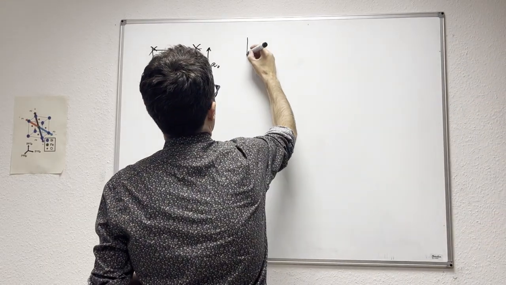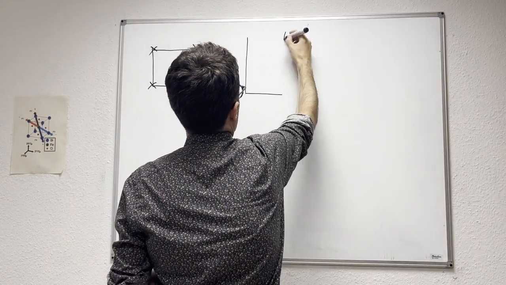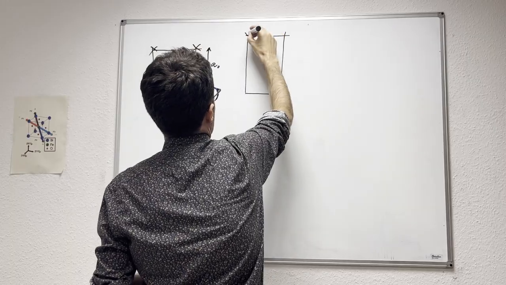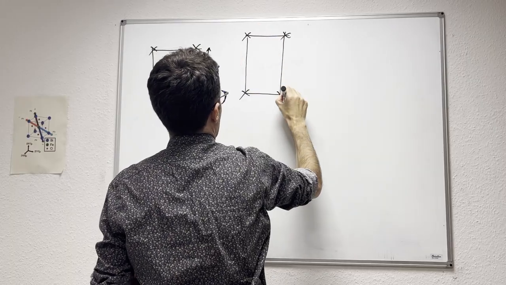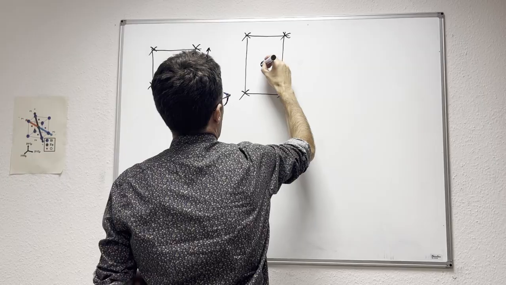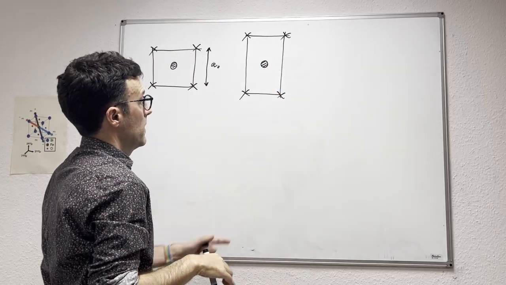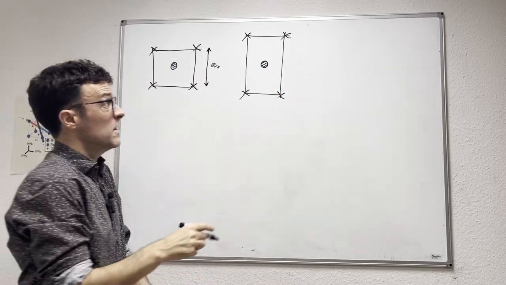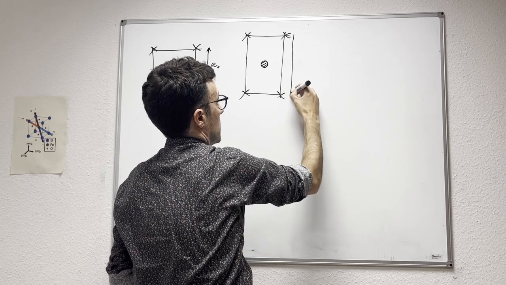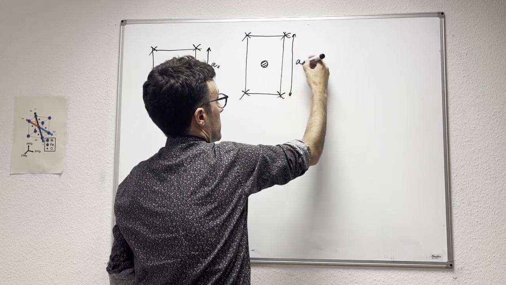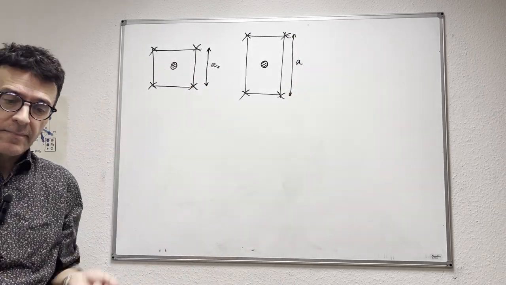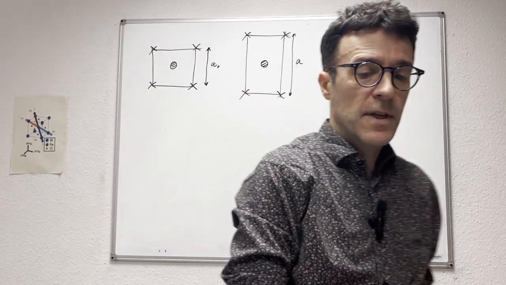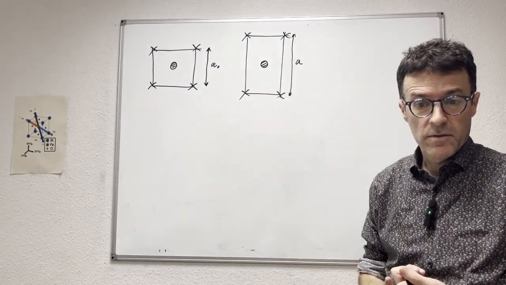Okay, so for example, we could imagine that we have a situation like this. I am always going to exaggerate a little bit, with this atom still in the center. And so this configuration has obviously a different lattice constant A. And what we are going to do is to measure this A with respect to A0. Okay?